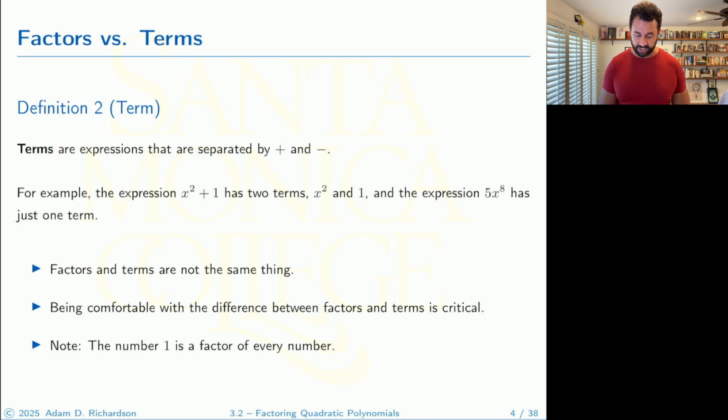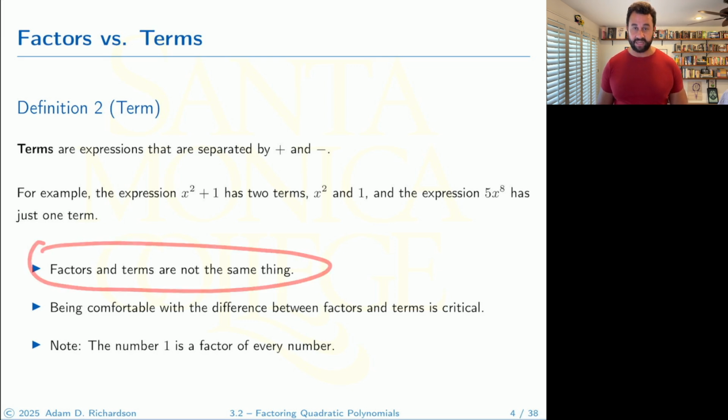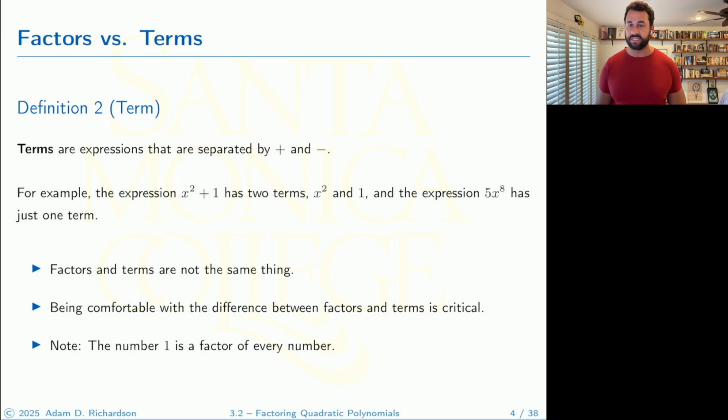Terms are just expressions that are separated by plus and minus. That's what distinguishes terms from factors. So for example, this expression here has two terms, x squared plus 1, and the two terms are x squared and 1. The expression 5x to the eighth just has one term, 5x to the eighth. That's it. So the important thing here is that factors and terms are not the same thing.